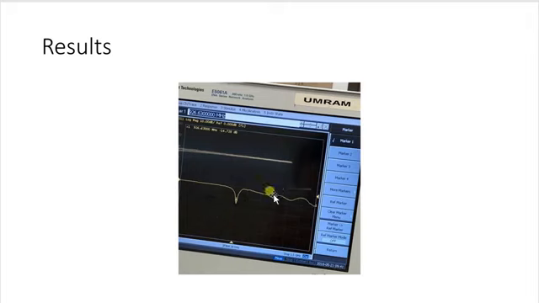The others are much higher than this one. The reason behind that is the dimensions. As you can see, my cutoff frequency is 926 megahertz, which is approximately 900 megahertz. It's good enough.